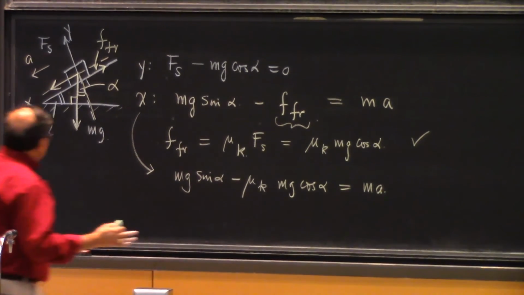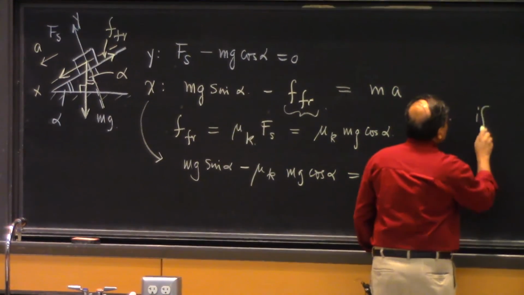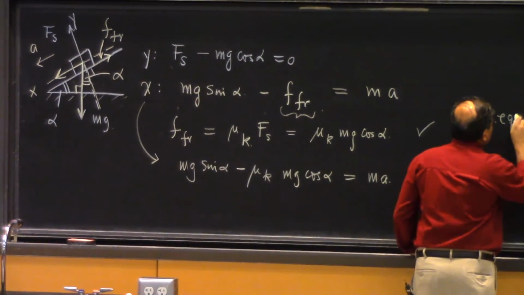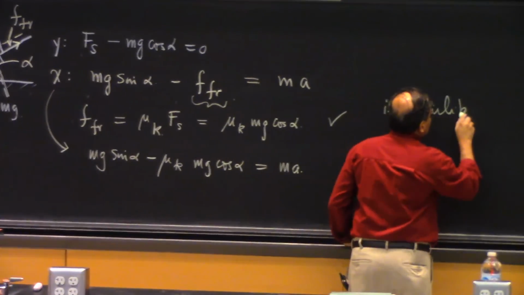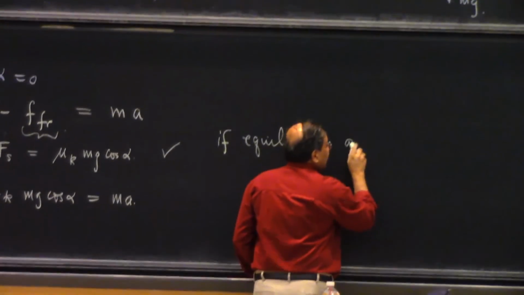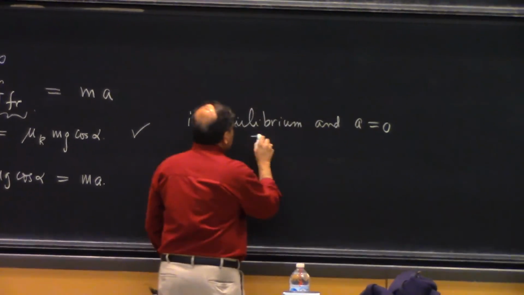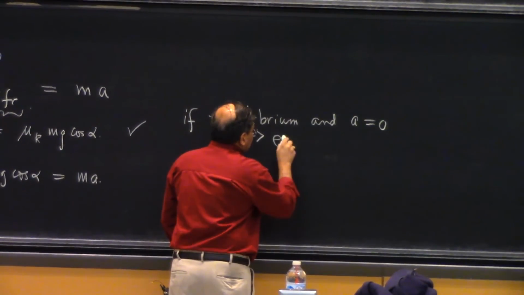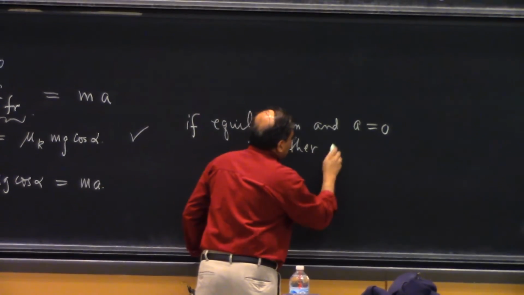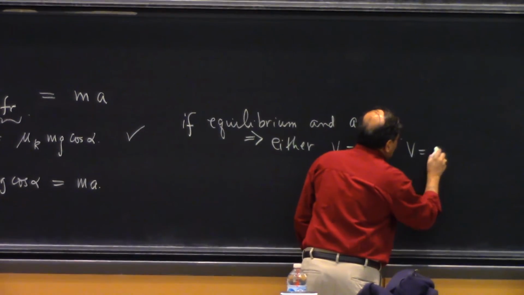Now if it turns out the thing is static and acceleration is 0, so if there is equilibrium and a is 0, a is 0 means either the velocity is 0 or the velocity is constant.